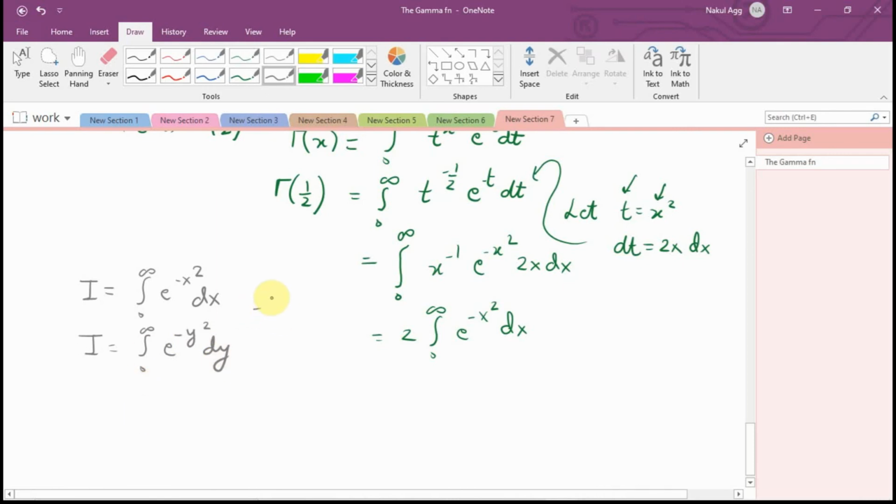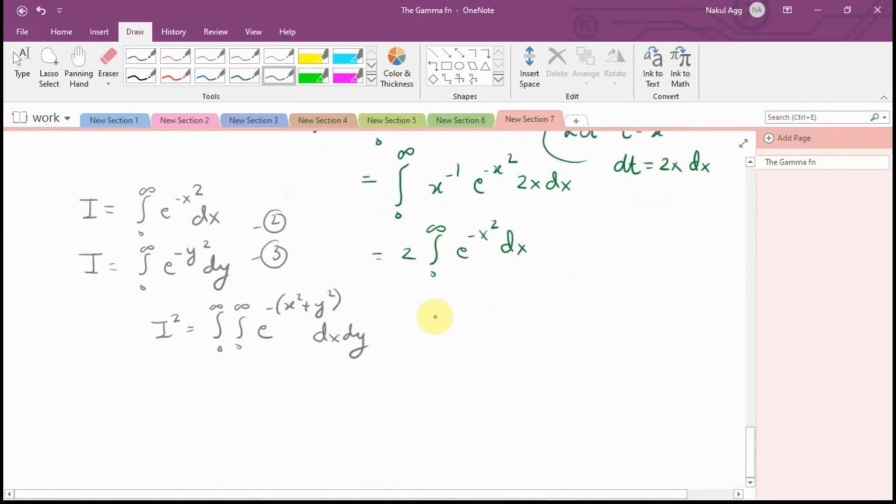We are now going to multiply equations 2 and 3 to get I square is equal to the double integral from 0 to infinity of e raised to power minus x square plus y square dx dy.